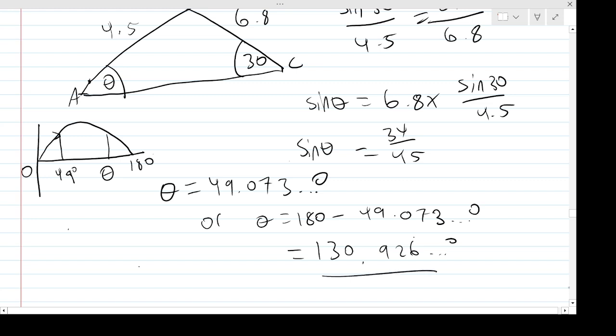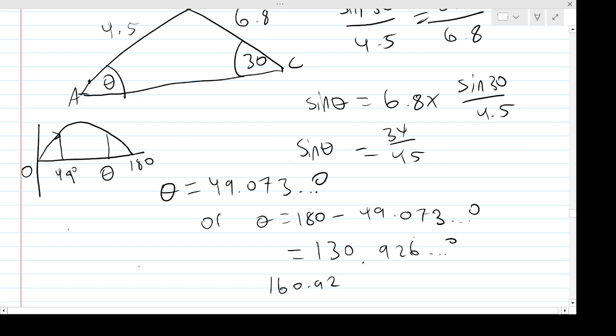So let me then quickly check that is valid. Well, I can do it in my head really. I don't need to write it down. But this 130.926, if I add that to the other angle I already know in the triangle, which is 30, if I add that to 30, I get 160.92, right?